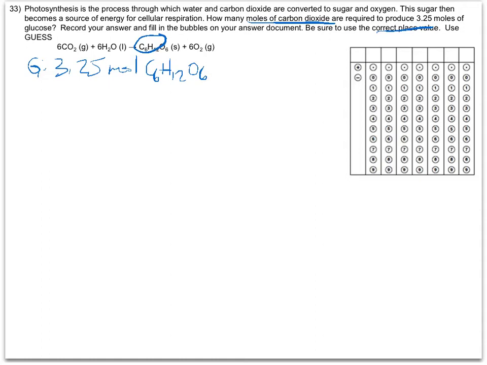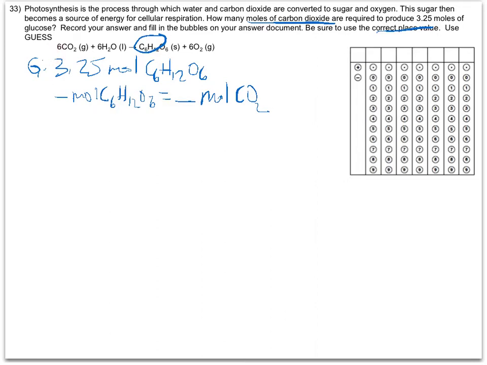So that means that we're trying to get from moles of glucose into moles of carbon dioxide, which means that we need to use the coefficients. So we know that there's so many moles of glucose, C6H12O6, and so many moles of carbon dioxide. And we just use our coefficients for that.